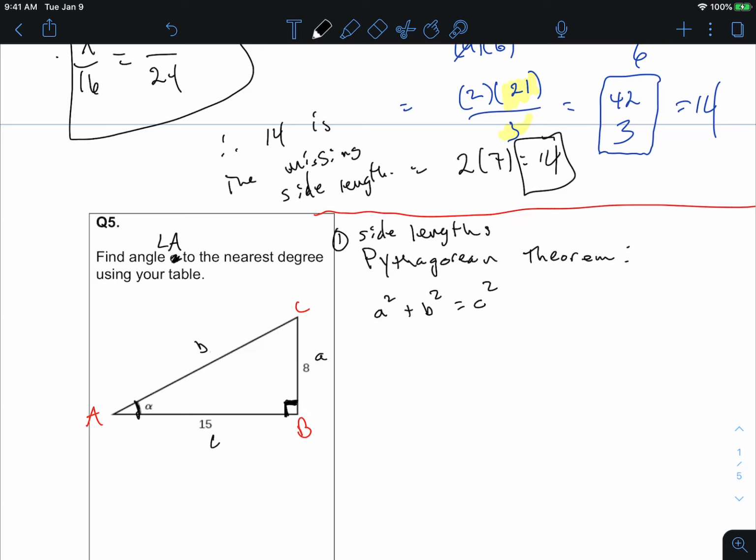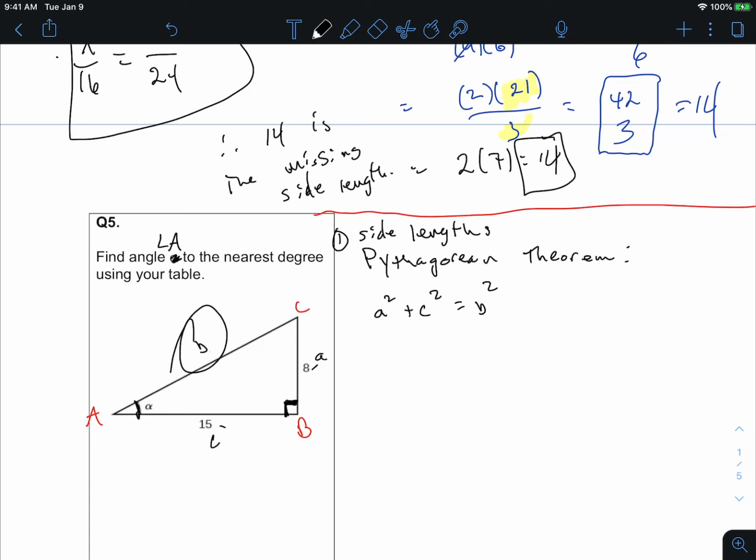So what you're going to do is, A was 8, C is 15, and I didn't really label this too well. So that's the other thing here. The big side length always goes on the hypotenuse.